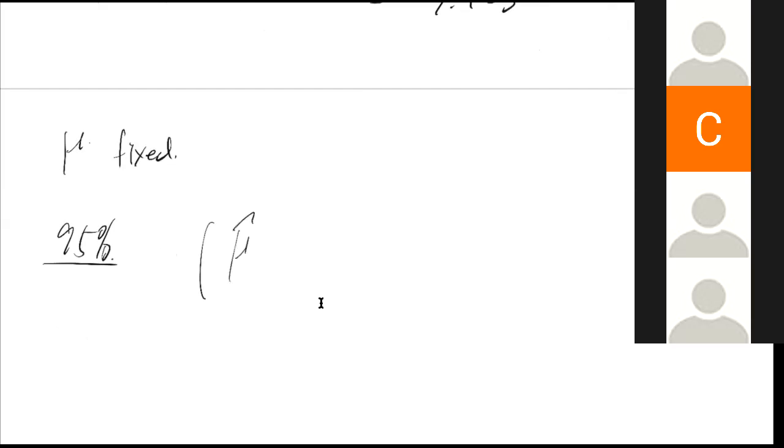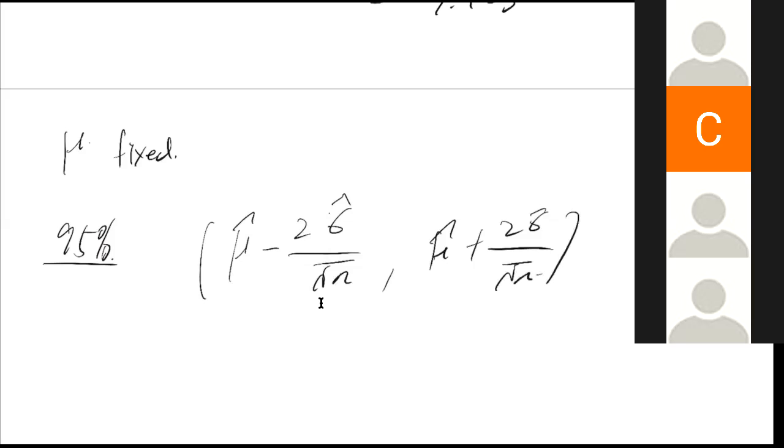So the 95% confidence interval is mu minus 2 sigma divided by square root of n, to mu plus 2 sigma divided by square root of n. And this 2 comes from the z-score corresponding to 95% over 2. I believe 2 is the z-score of 0.475.